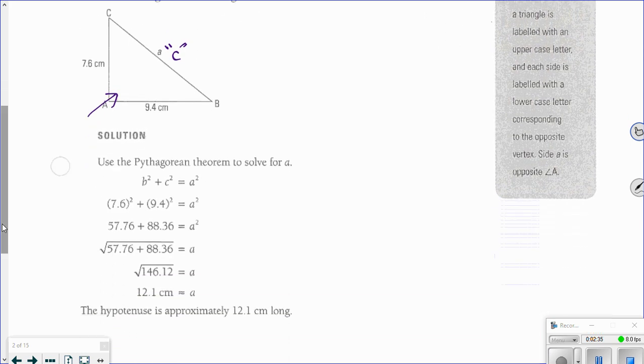They've written it with different letters because they've labeled their triangle differently, but that hypotenuse is always the one that's by itself. So 7.6 squared plus 9.4 squared equals the c side squared. Add them together. The final step is take the square root of both sides. That causes your square root and your squared to cancel out, leaving you just with the side you're looking for.